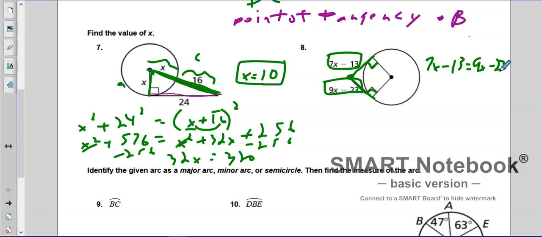I'm going to subtract 7x. I just like to keep my x's positive, which means I want to add 23. 23 minus 13 is 10. 9 minus 7 is 2x. Divide by 2. X is 5.